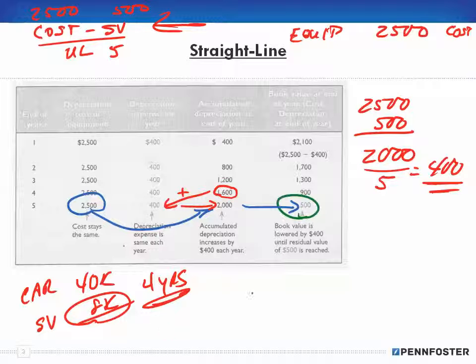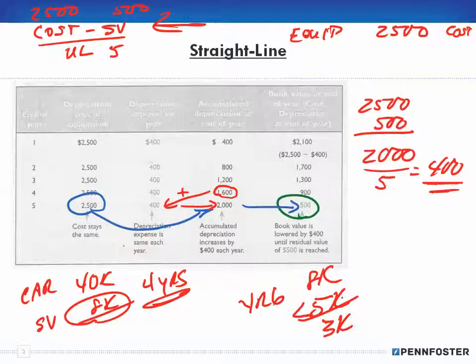Now let's say I use that car 2 more years, and it's now the end of year 6, and I decide to sell that car. If I sell the car for $5,000, that means I'm able to show a loss of $3,000 on my books, because the value was $8,000 and I'm only getting $5,000 for it, so I end up taking a loss of $3,000, which has tax ramifications.